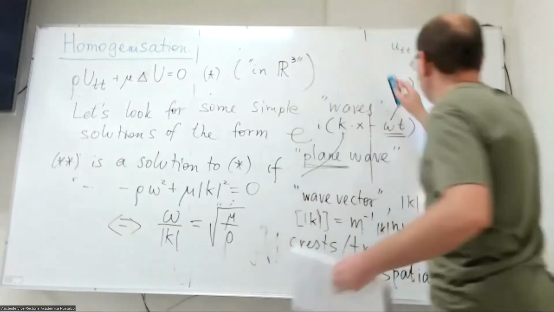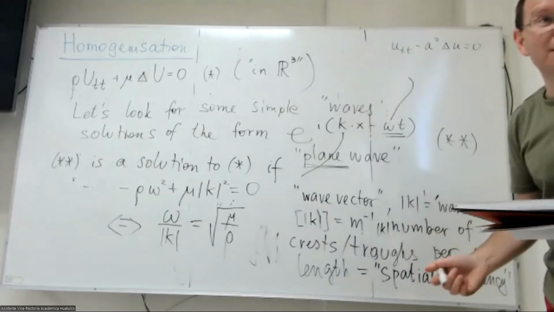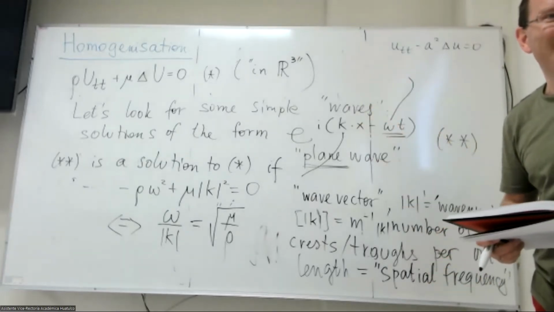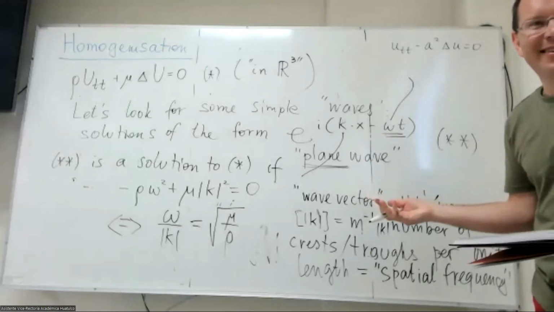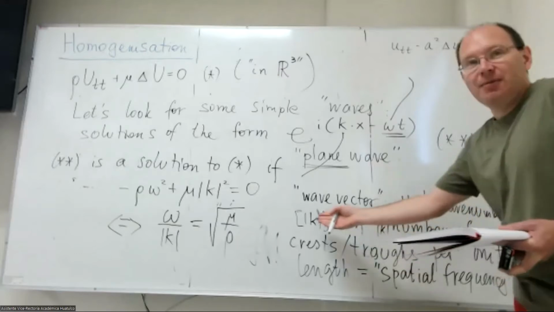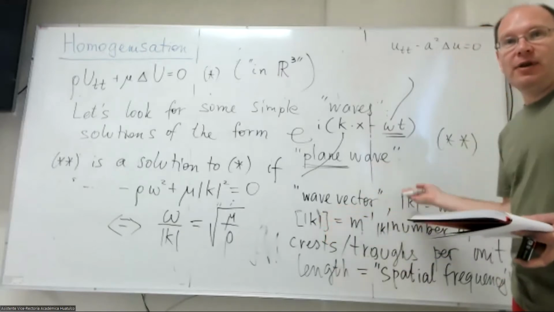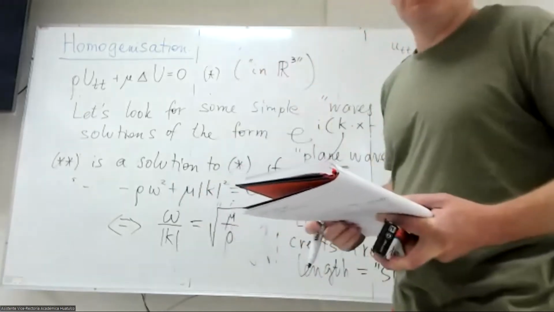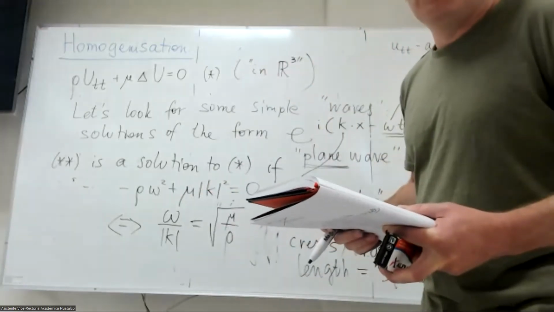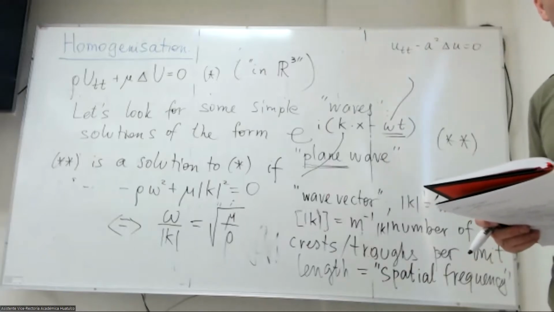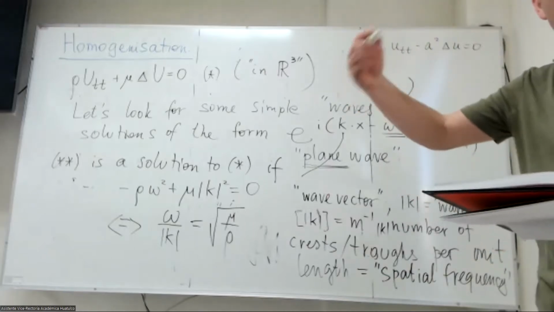And omega is a more familiar object, something that you come across more frequently in everyday life. It's what we call frequency, but it's actually time frequency. It's exactly the same object as modulus of k, but in relation to time. Omega is the frequency, the number of crests and troughs per second.